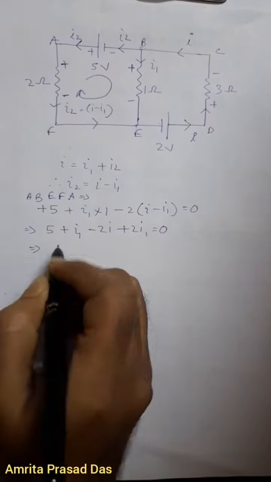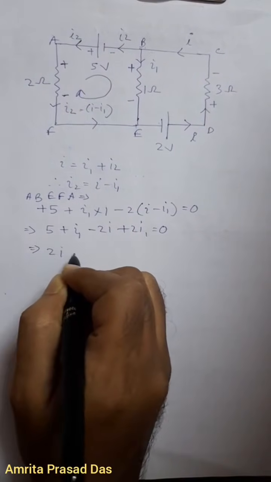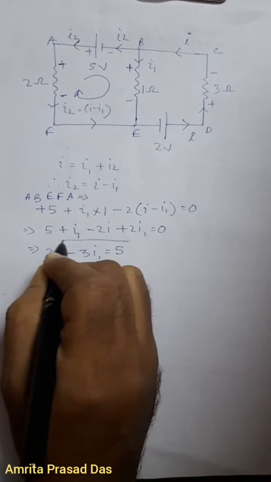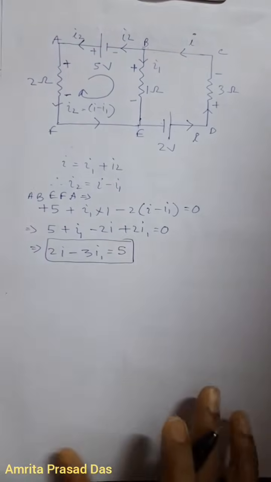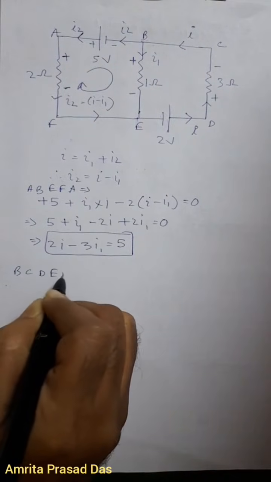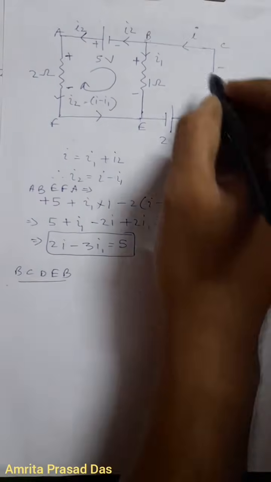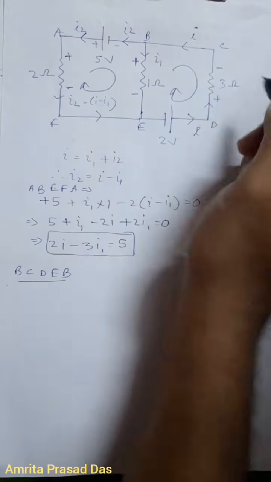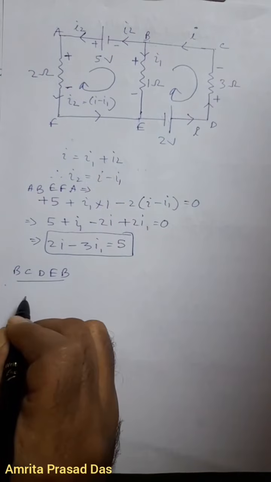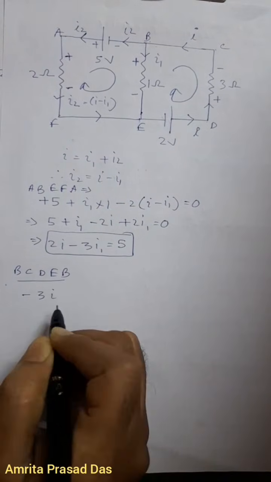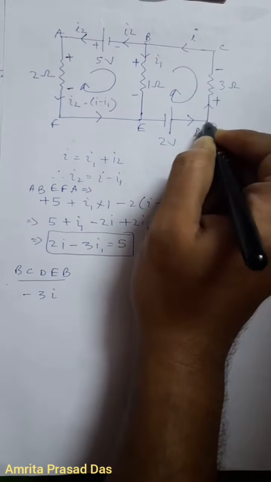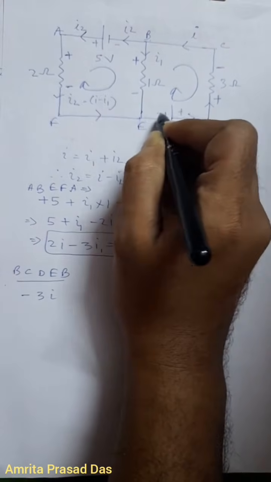or 2I minus 3I1 is equal to 5. This is an equation. Now we consider the next loop, B, C, D, E, B. We are moving in the clockwise sense. Moving from C to D, you get potential difference as minus 3I, because C is at low potential, D is at high potential. Now you are moving from positive to negative end of the cell.